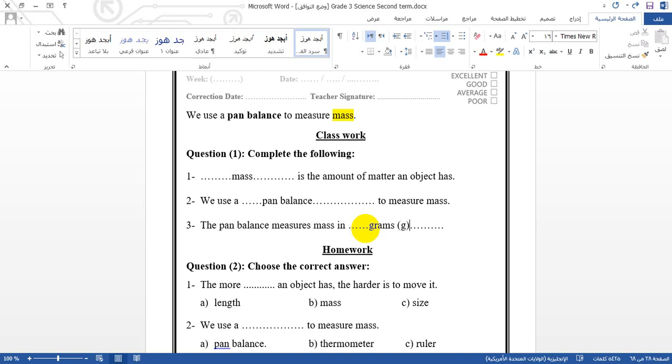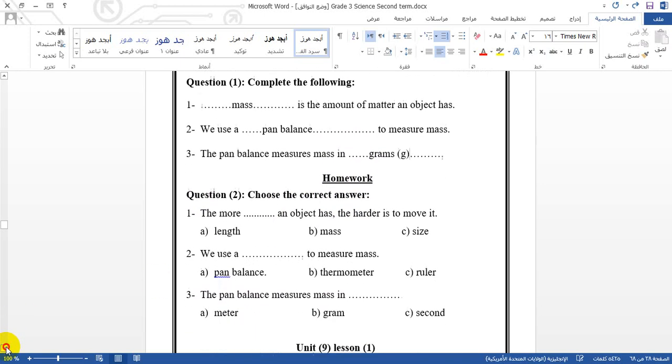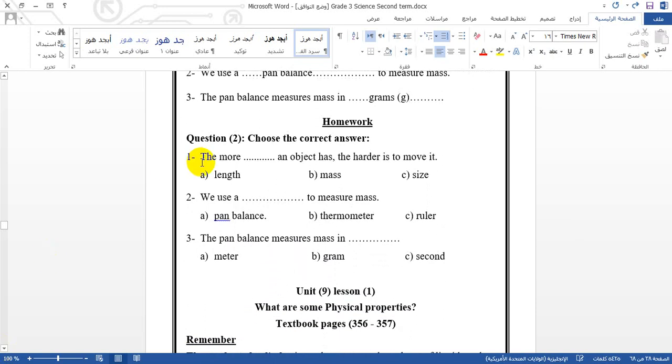So let's now solve the homework on page 35. We are still on page 35, guys. Question number 2: choose the correct answer. The more an object has, the harder it is to move, what is it exactly?